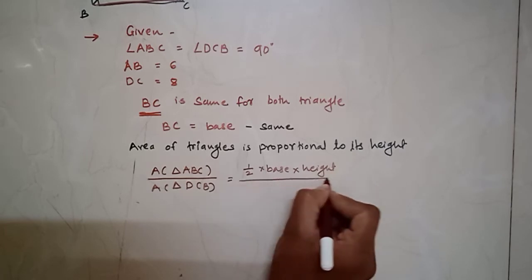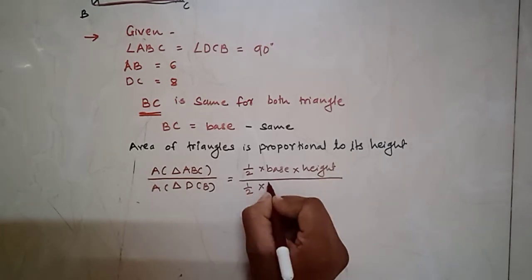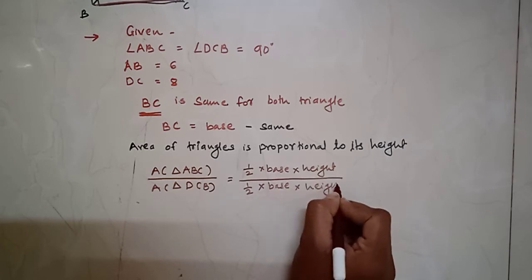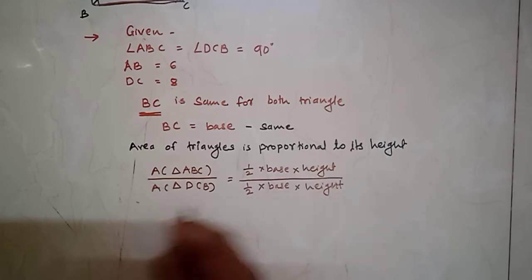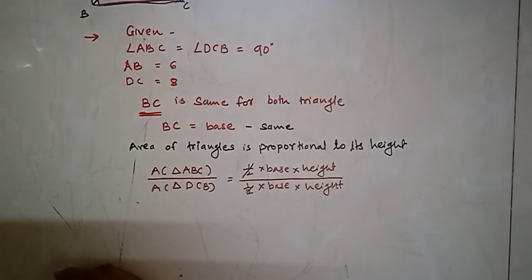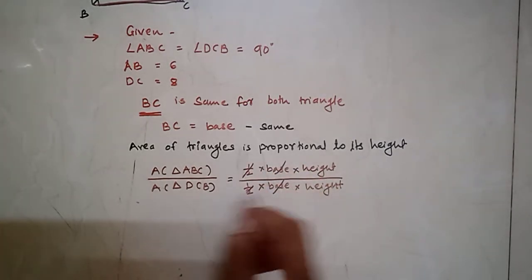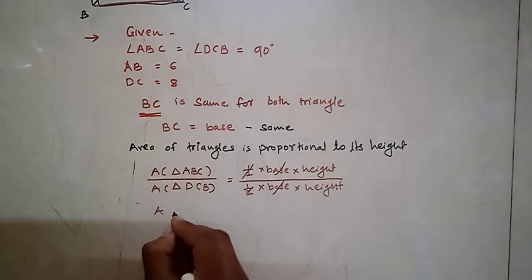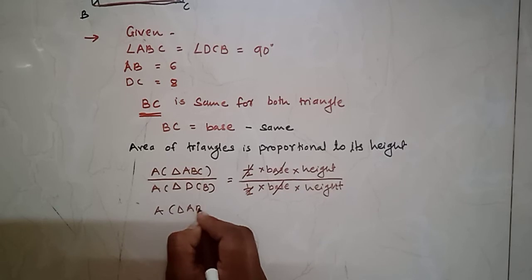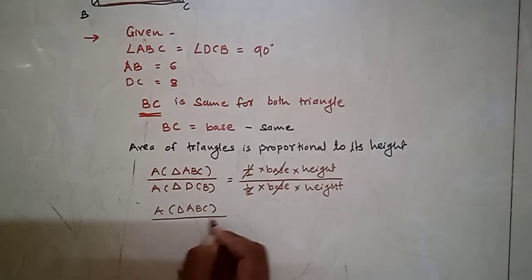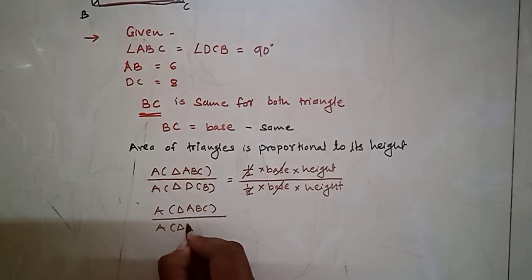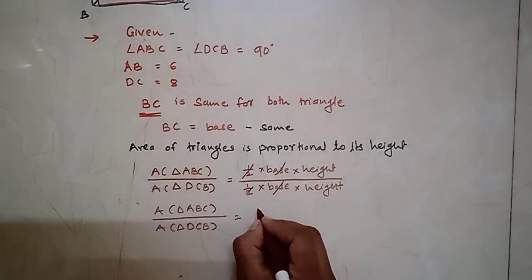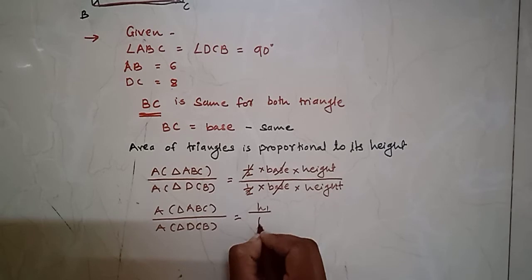Then upon same base into height, right? So 1/2 cancels, and here the base is the same for both triangles, so these also cancel. Then we get the area of triangle ABC upon area of triangle DCB equals height, means h1 upon h2.